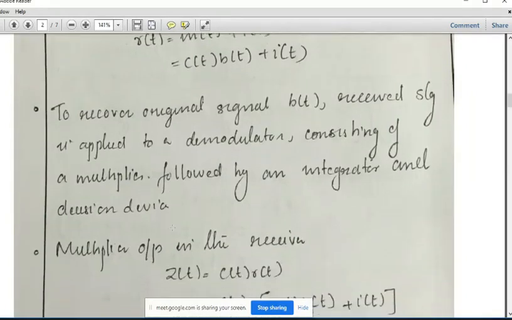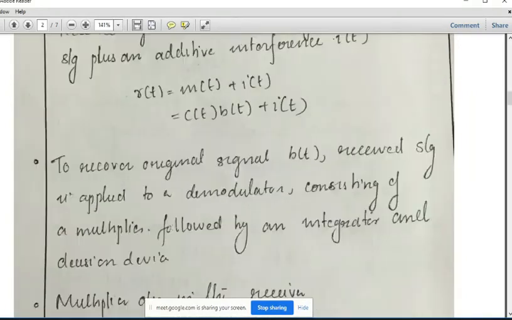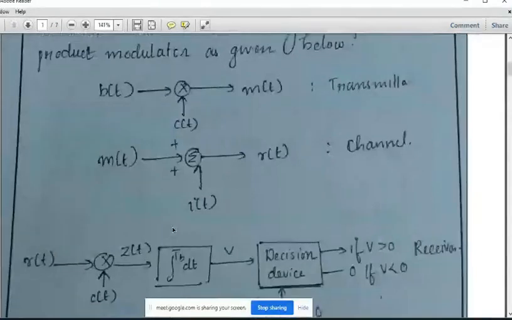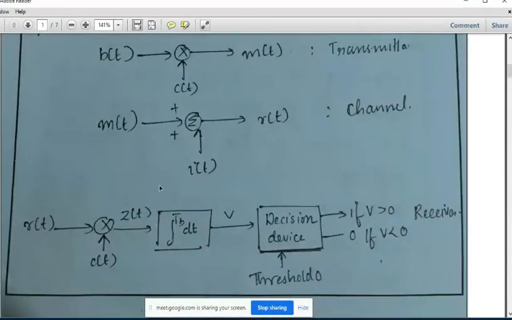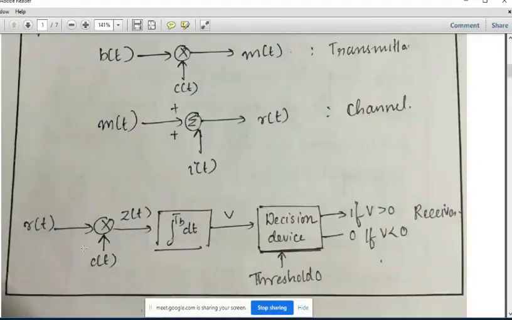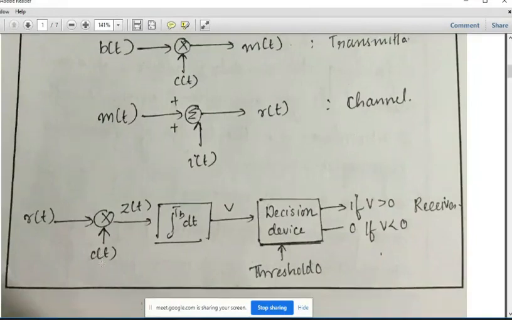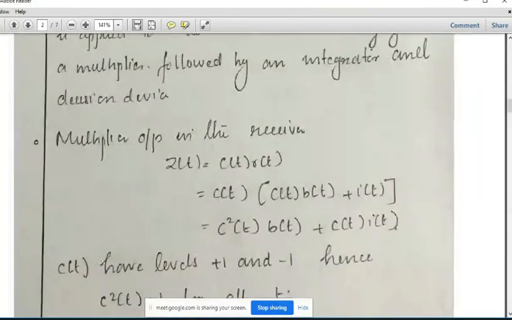Now the multiplier output is Z of t. We have seen in the figure the multiplier output is Z of t, which is nothing but C of t into R of t.